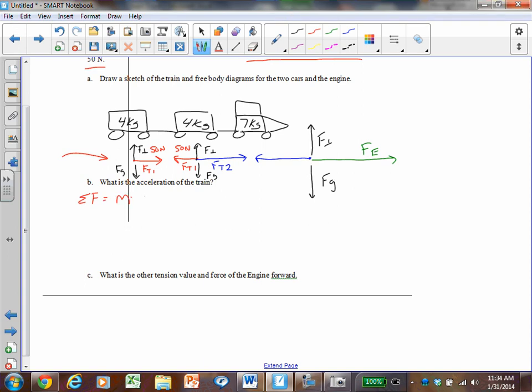What are the forces? Just FT1, because there's no other force in that one. What is FT1? You were given it. 50 newtons. What's the mass? 4. Somebody put 7. So they made a mistake, right?